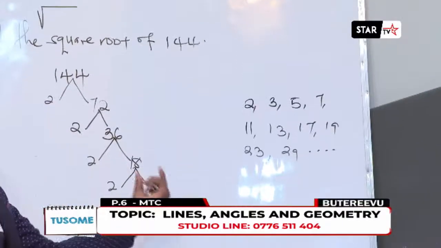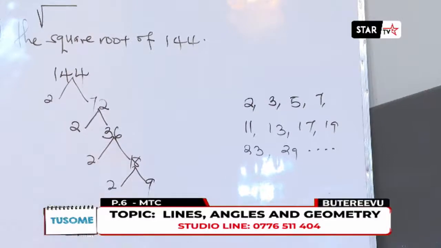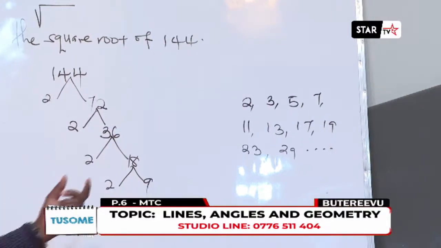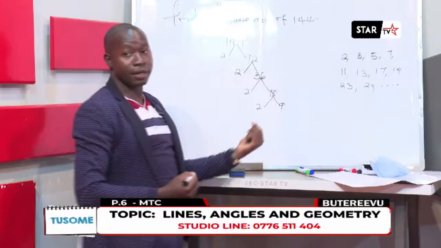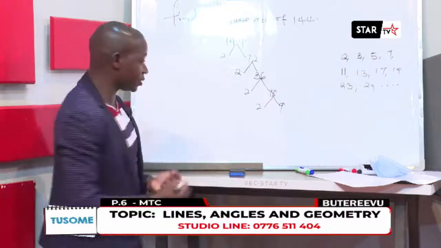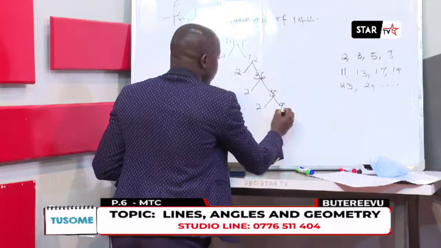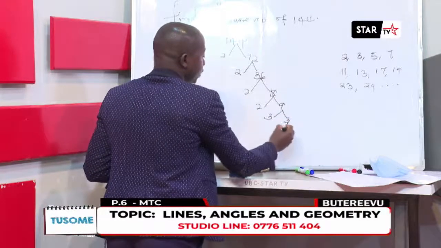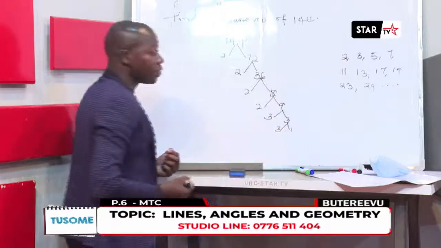9 happens not to be an even number. We have been dividing by 2. That means we shall check on the next prime number whether it is exactly divisible into 9. And indeed it is. So we shall go to 3. 9 divided by 3 is 3, and 3 divided by 3 is 1.